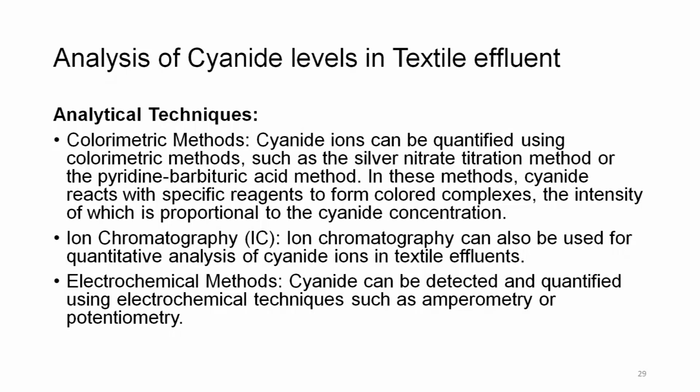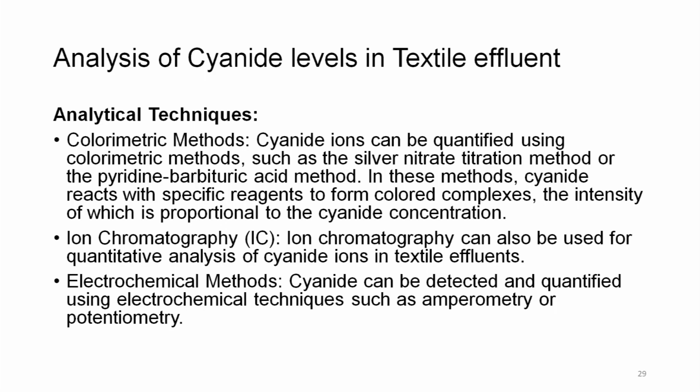Analytical technique: colorimetric method. Cyanide ions can be quantified using colorimetric methods such as the silver nitrate titration method or the pyridine barbituric acid method. In this method, cyanide reacts with specific reagents to form a colored complex, the intensity of which is proportional to the cyanide concentration.